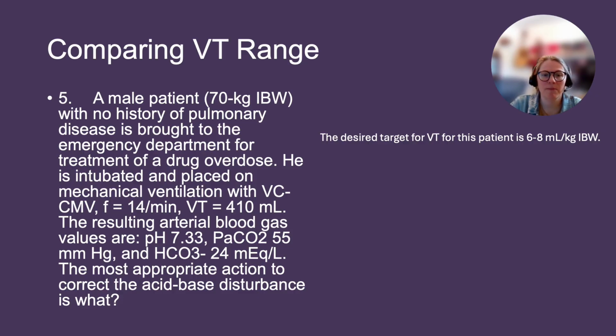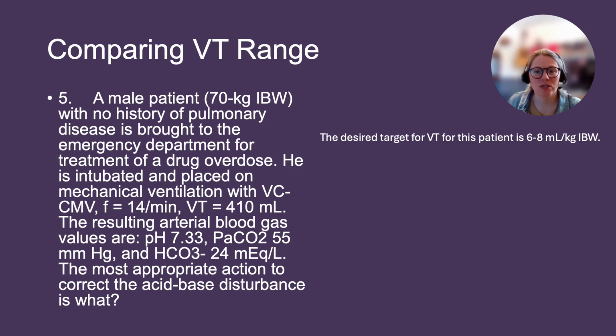He is intubated and placed on mechanical ventilation, volume control, CMV, respiratory rate of 14, tidal volume of 410. His ABG has a low pH of 7.33, high CO2 of 55, and a bicarb that is normal at 24. The most appropriate action to correct the acid-base disturbance is which of the following?